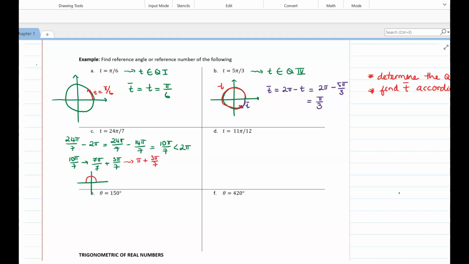So here is pi, and 3 pi over 7. This is our t. Therefore t bar is this little distance here. Because t is in quadrant 3, t bar is equal to t minus pi, that is 10 pi over 7 minus pi, and that is 3 pi over 7.